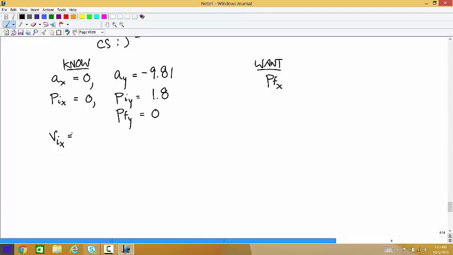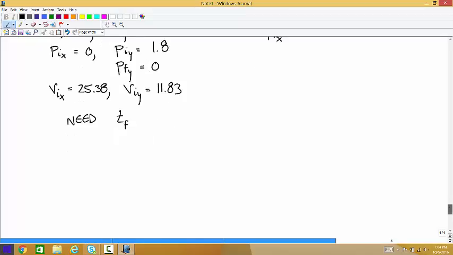VIX and VIY are the same as they were in the first part. So that's 25.38 and 11.83. And then VF we don't know anything about. Is there any equation that works with this? No. So we need to find time final. So we can use this equation.